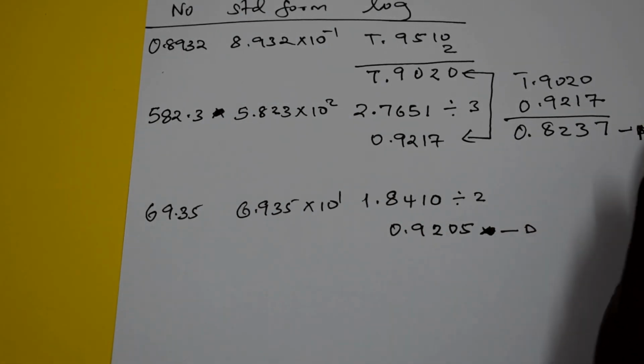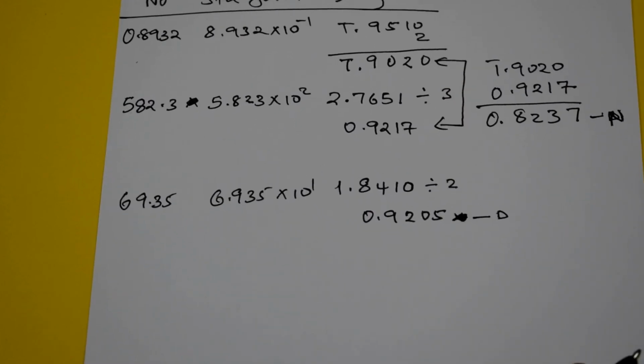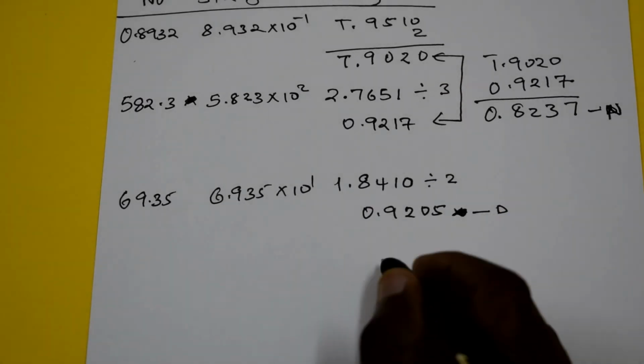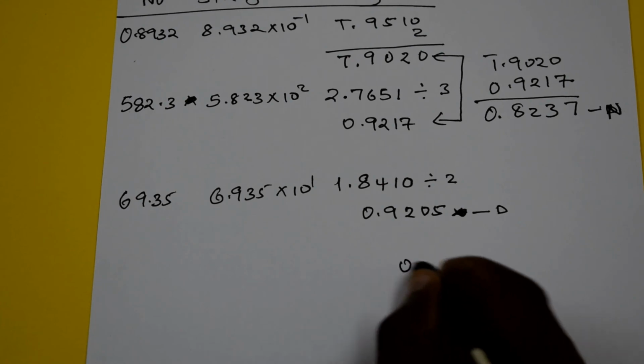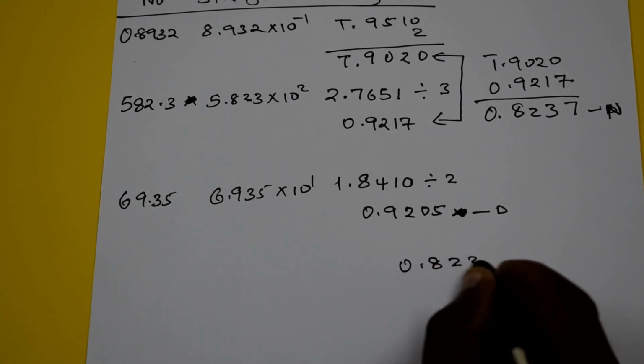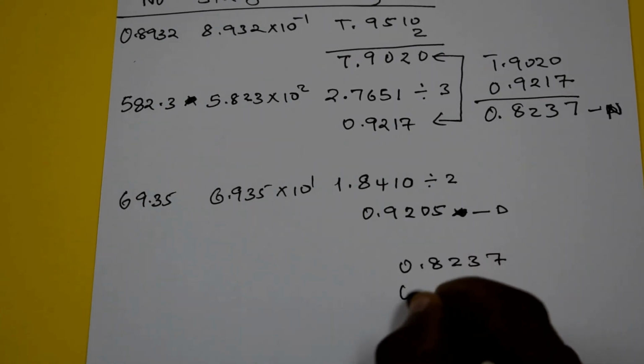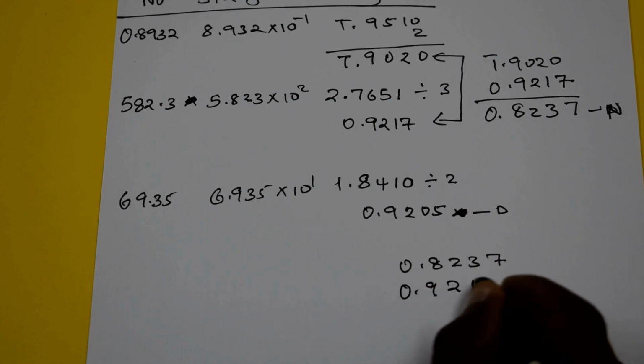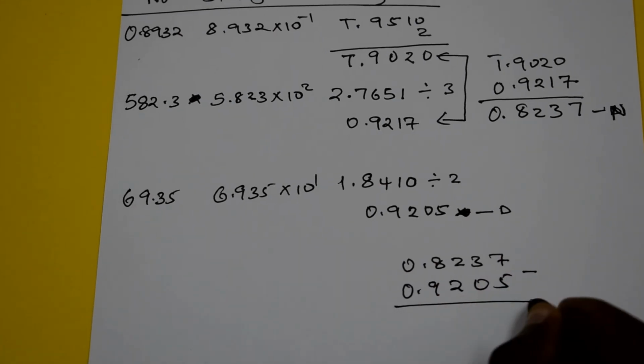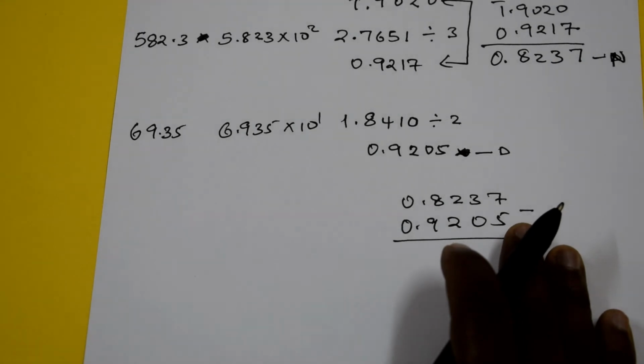So we subtract. We have 0.8237, the numerator, subtract 0.9205, which we get.